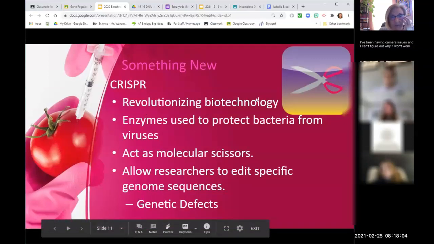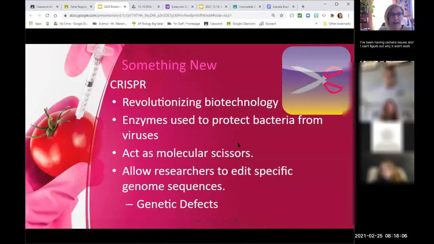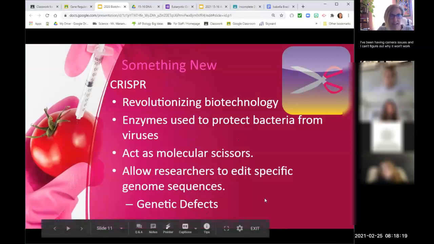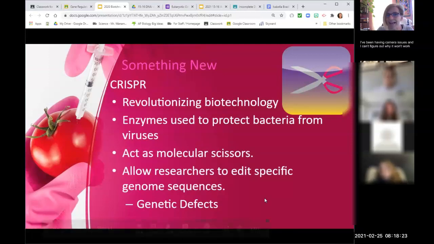Anyways, this is revolutionary biotechnology because we can use it like molecular scissors to take out damaged DNA and to then insert functioning DNA. So this allows us to fix genetic defects, and that's what you're going to be reading about. They call it gene editing, not reading, you're just watching a video.